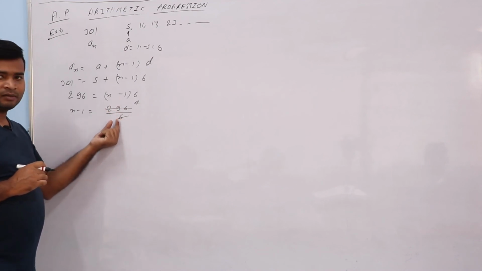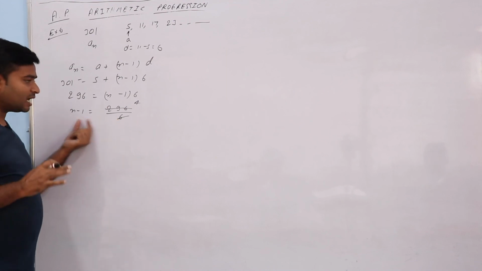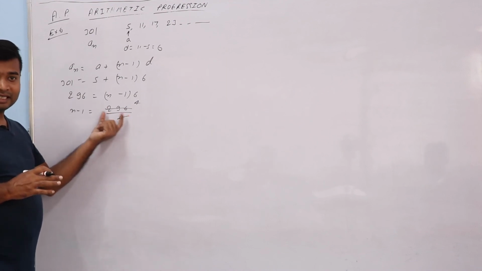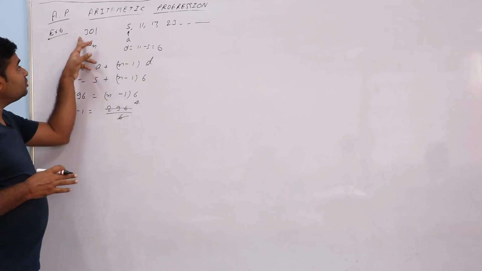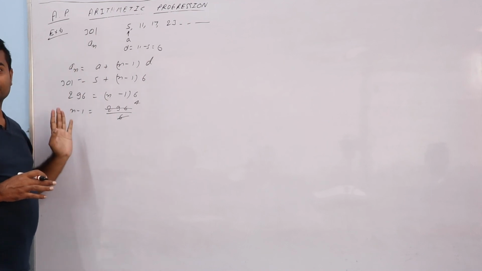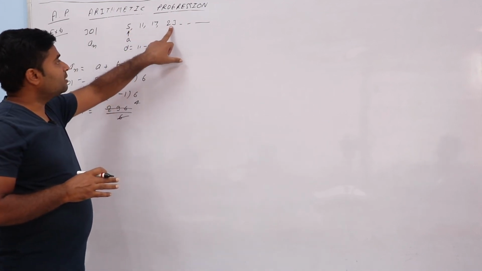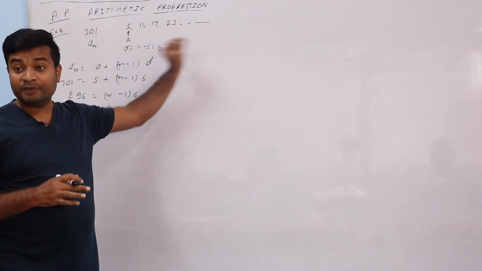Does 56 come in the 6 table? No, sir, 56 will not come in the 6 table, which means we can't divide exactly. If it is not divisible exactly, 301 will not come in this AP. Because this is the fourth term, then the fifth term will definitely be something.